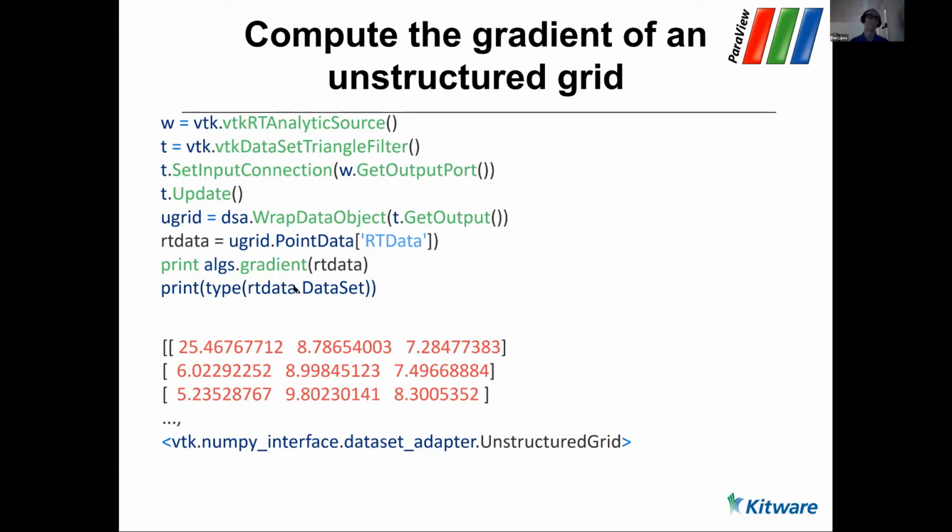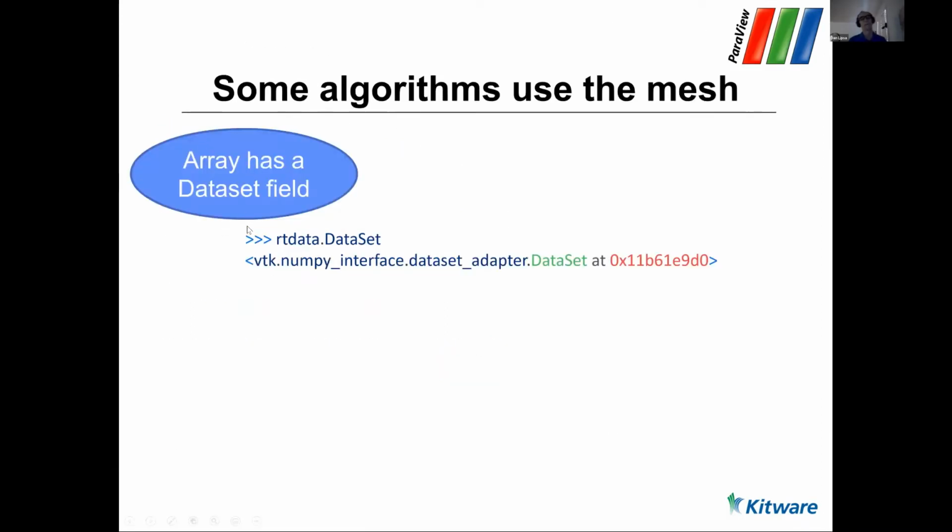So that's what we show here. We restate this: the array has the dataset field. It needs that to compute the gradient. So some of the algorithms, in this case gradient, use the mesh.